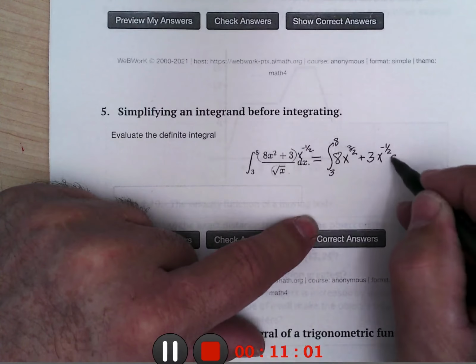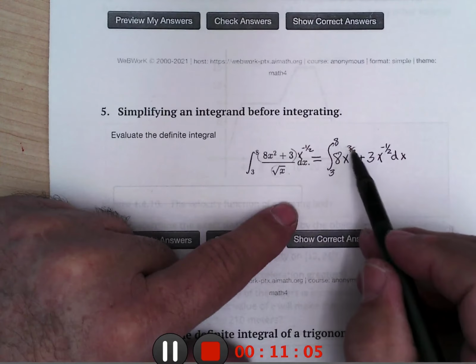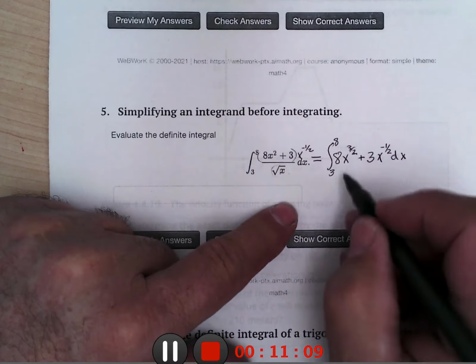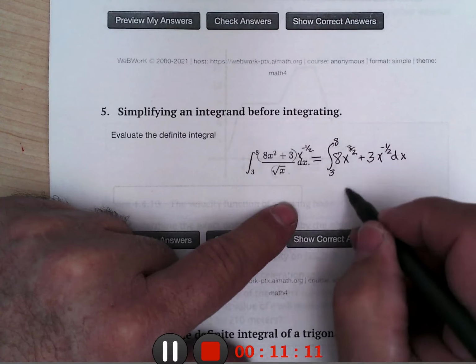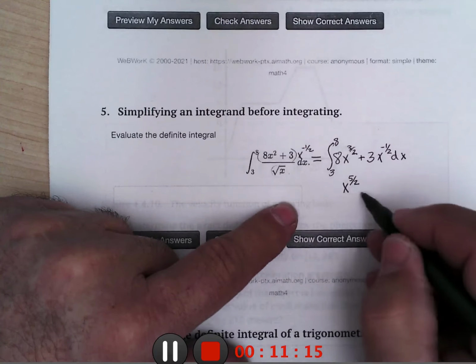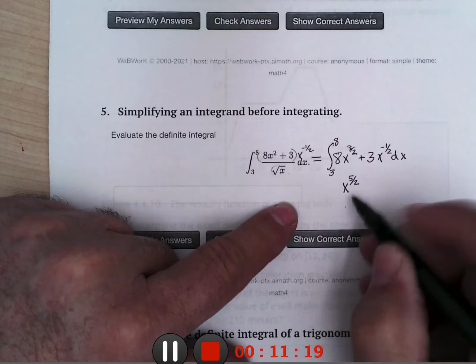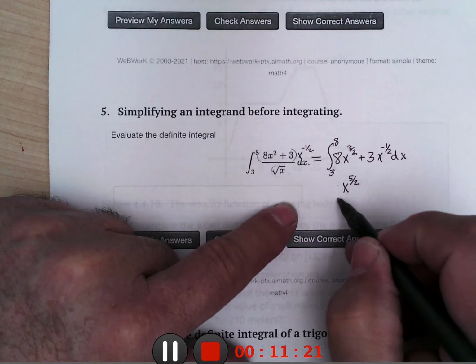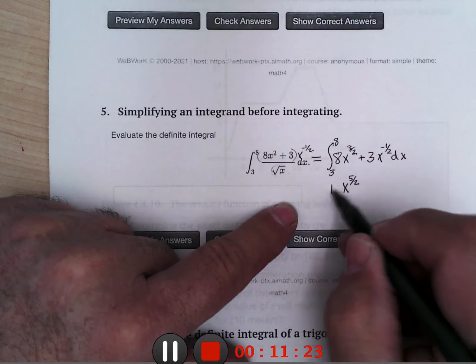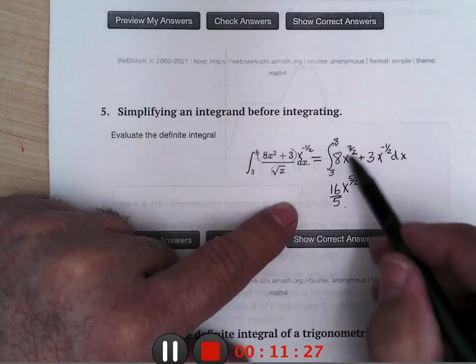And to integrate this, I have to add 1 to 3/2, which is 5/2. So it would be x to the 5/2, and I have to divide by 5/2, which is the same as multiplying by 2/5 times 8, so that's 16/5. That's the antiderivative of that.